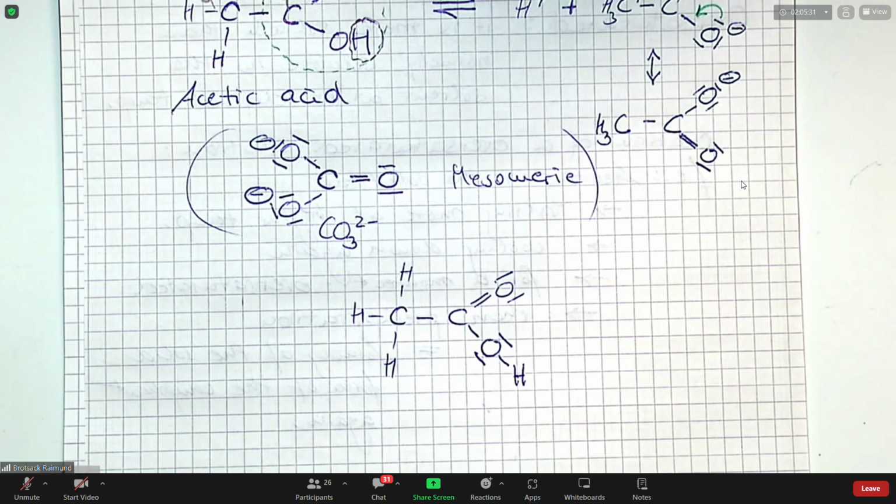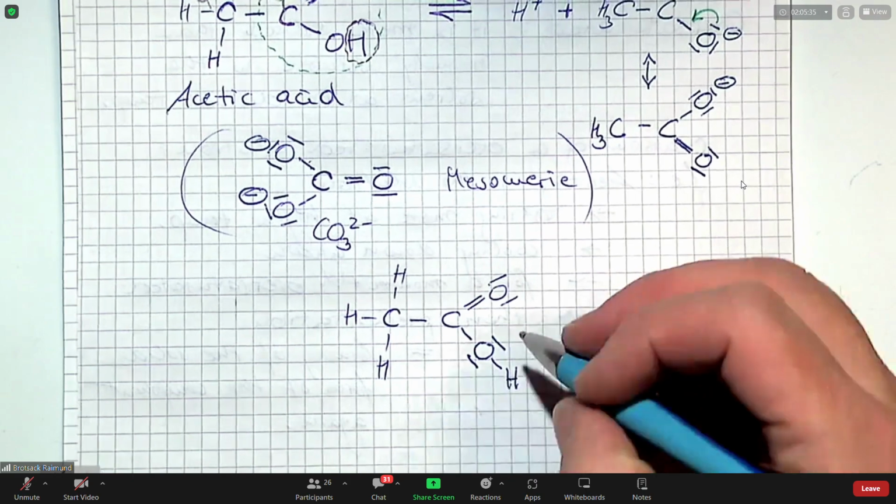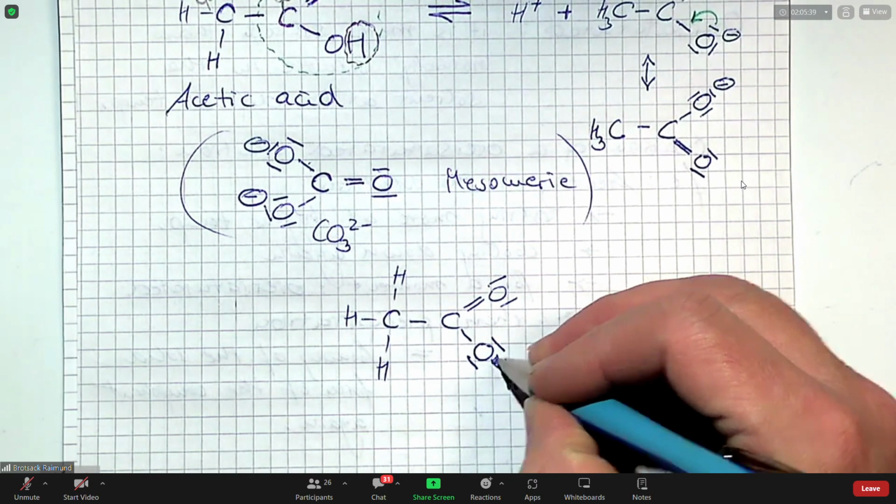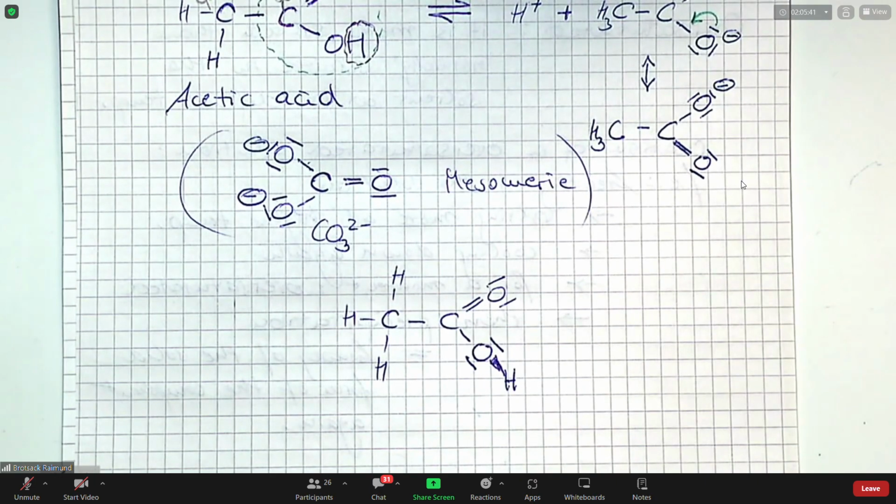Why? The electronegativity of oxygen is big compared to the hydrogen, so it is more on the side of the oxygen. So even in the acetic acid as the molecule, it is already more on the side of the oxygen. And now the electron pair is spent totally to the oxygen, and the proton is split off.